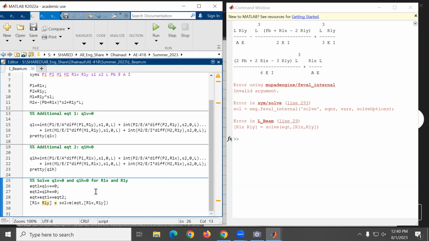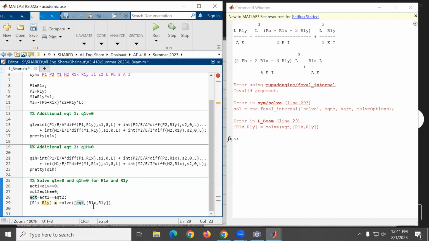The way I did it inside of the solve, instead of EQT, just open brackets and then Q1V. I think that's the problem. We need to put brackets, EQT1, EQT2, is that what you're saying?